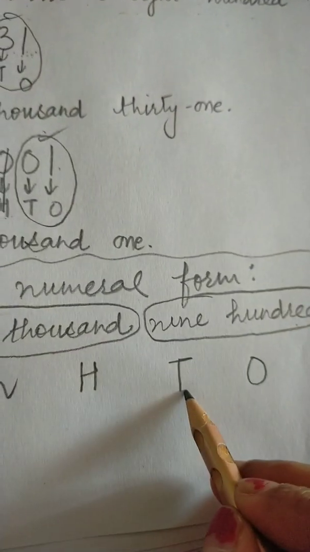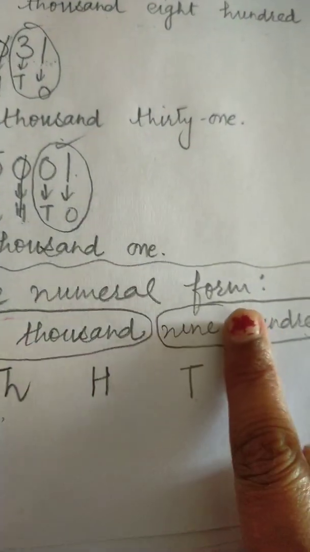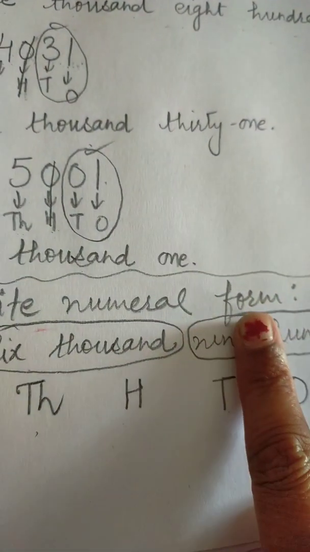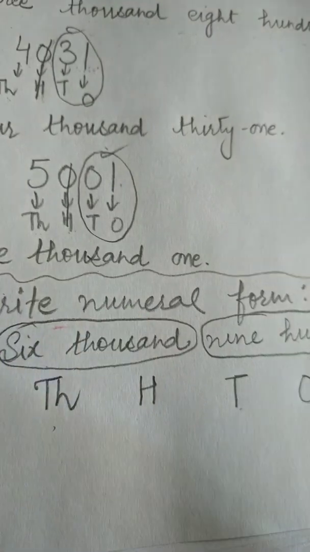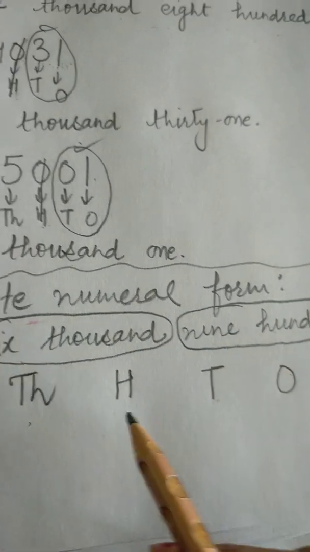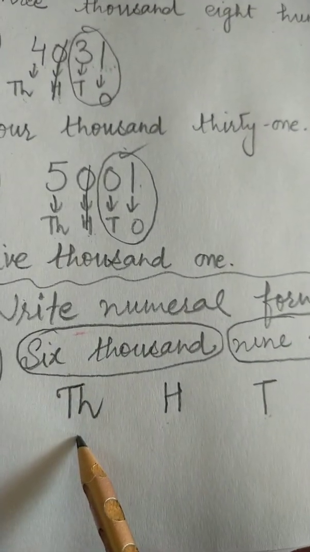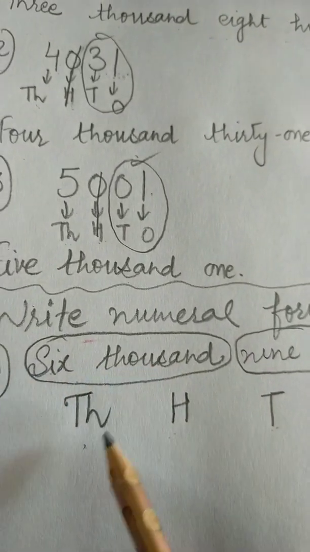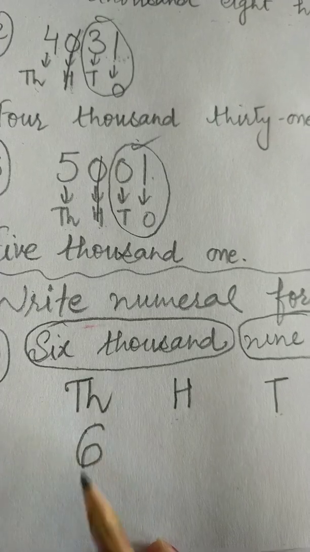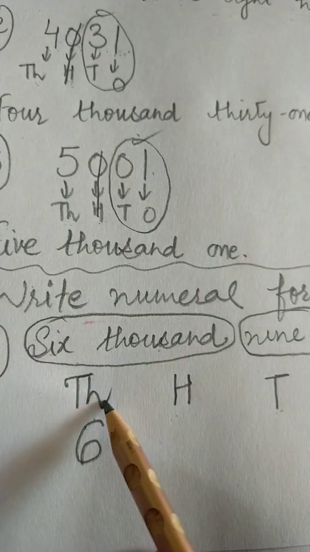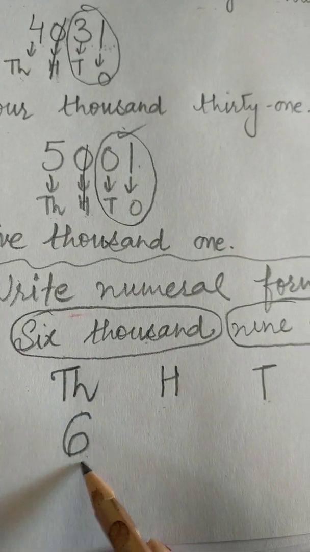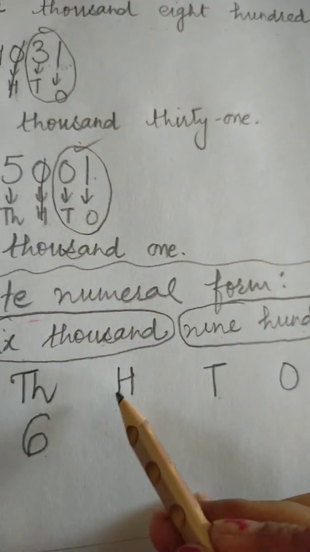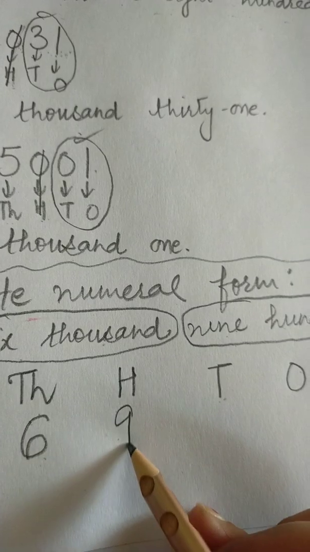With one finger space we will write all the places. Now 6000. Under the 1000 we will write 6. Then 900. Under the 100 we will write 9.